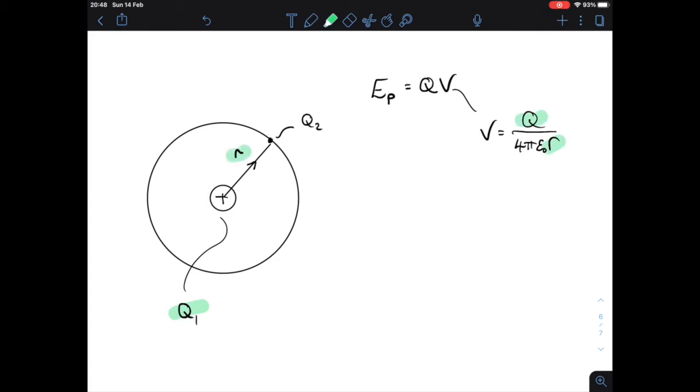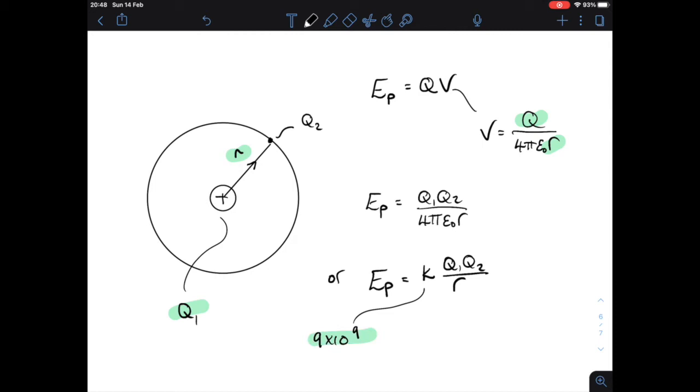So we know what Q1 is, we know what R is, and we can work out that positive potential. So the potential energy of the electron though will be Q1 Q2 over 4 pi E naught R. Or of course you could still use the shortcut of K instead of 1 over 4 pi E naught, where K is equal to 9 times 10 to the 9.